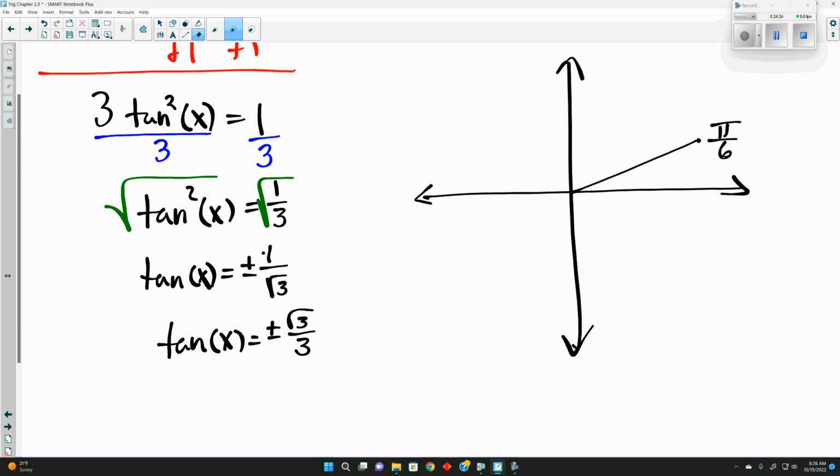Or 30 degrees, yes? Do y'all remember what the reference angle for quadrant 2, 30 degrees was? Or pi over 6 is going to be when this angle is pi over 6, yes? Or we could use the fact that sine and cosine will be the same values but different signs, which is over here at pi over 6, yes?